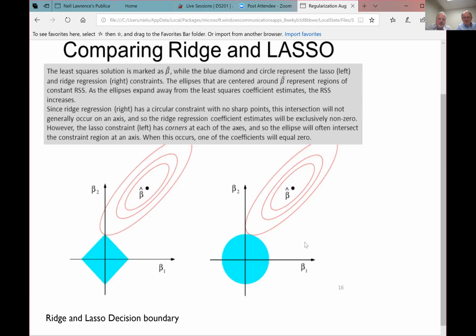The box on the right is the ridge, and the box on the left is the lasso, a bounded area, because in two dimensions a square is the equivalent of a circle. The decision boundary, the value of the coefficient you check, is where the ellipse actually hits the edge of the box.